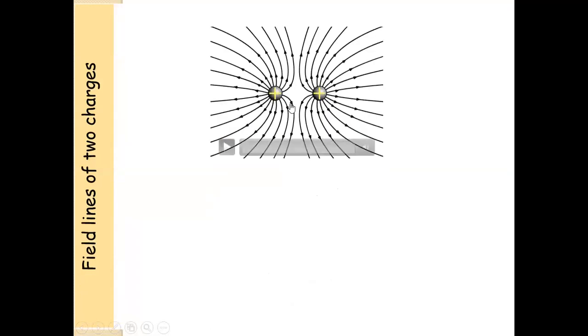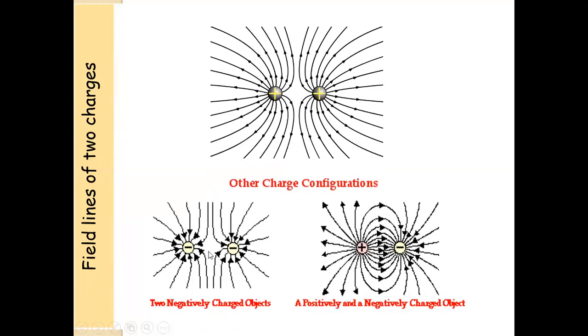For two positive charges, you see the field lines never cross each other, they are separated, and all the arrows are pointing outward because both are positive. This shows both negative: all the arrows are pointing inward, but they never cross each other.